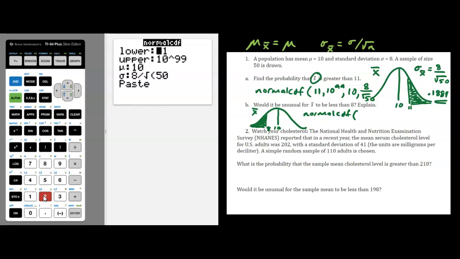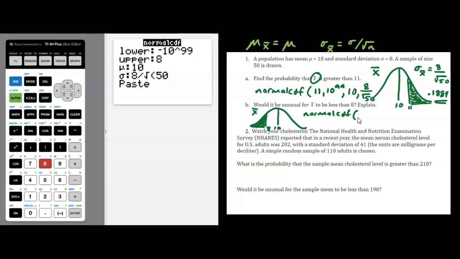Our shaded region is starting at the lowest value we can think of, so we can just say negative 10 raised to the 99th power, and the upper bound is going to be 8. Our mean is again 10, and the standard deviation is again 8 divided by the square root of 50.